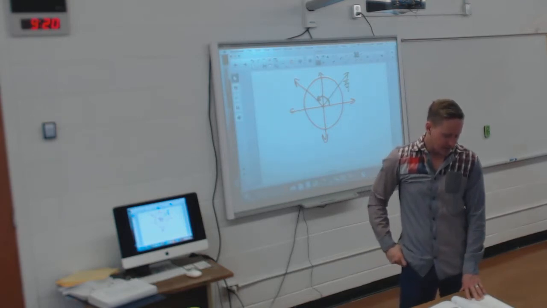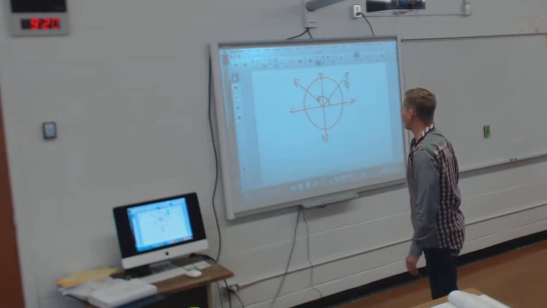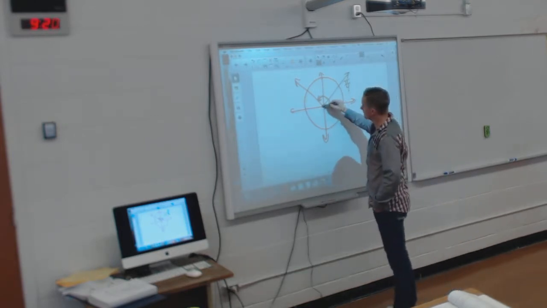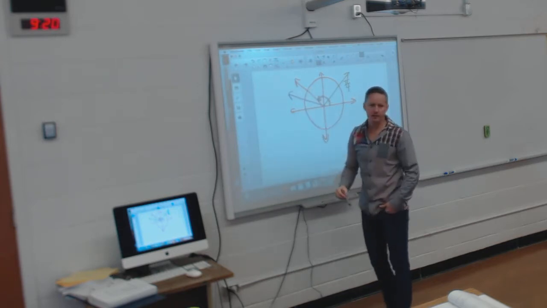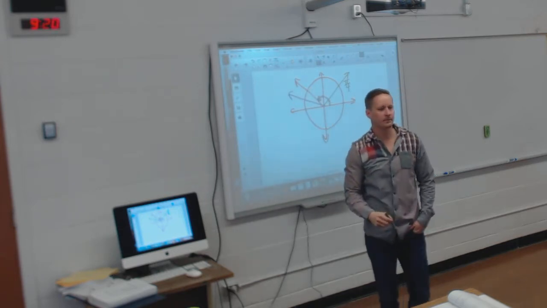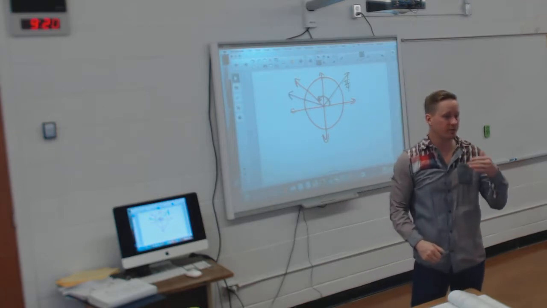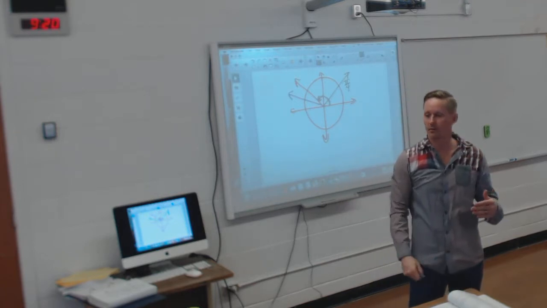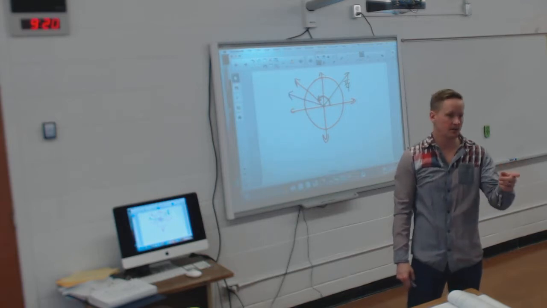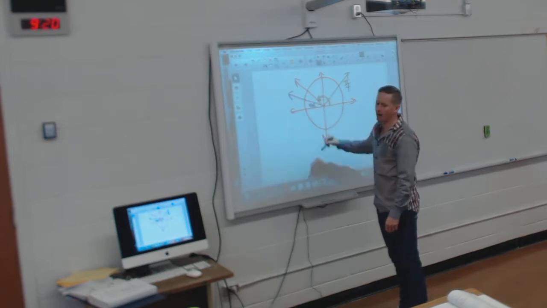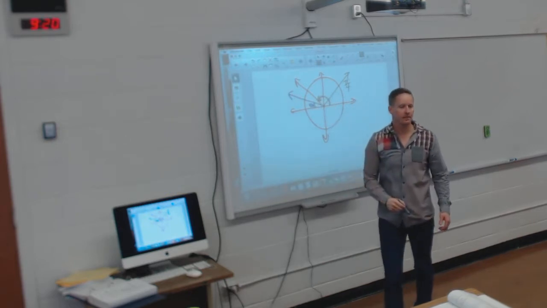5 pi over 6. Where's 5 pi over 6? 5 pi over 6 is right there, right? What's the reference angle? 30. Yeah. Okay, but use it in terms of pi's. What's the reference angle here? Pi over 2. Awesome. Reference angle, pi over 6. Okay.